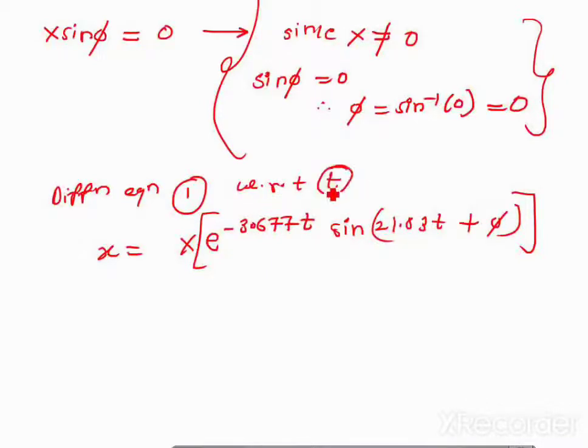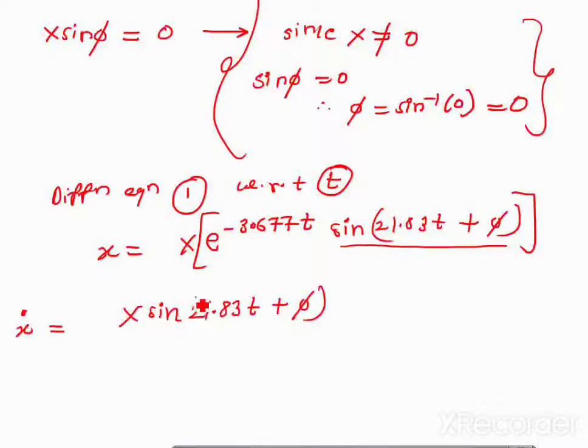Now you have to differentiate equation 1 with respect to time t, that means you have to take dx upon dt. So you will get x dot. Now differentiate, what will you get? First of all X into sine of 21.83t plus phi as it is, into the derivative of e raised to minus 3.677t, so I will get minus 3.677. This is how I am applying the product rule.